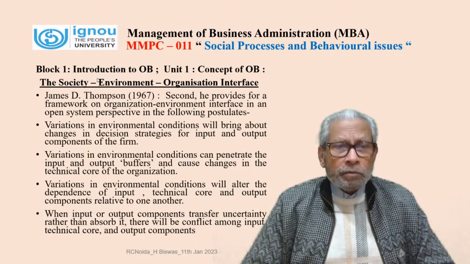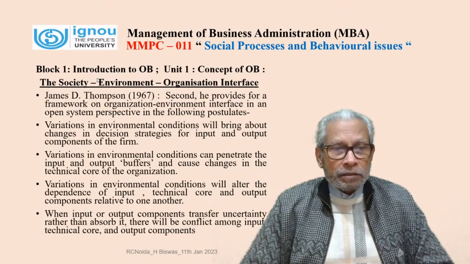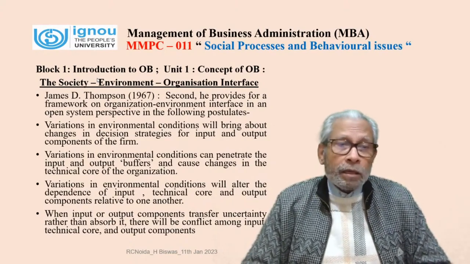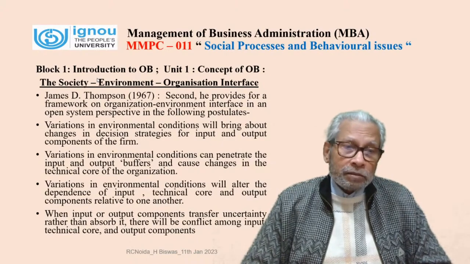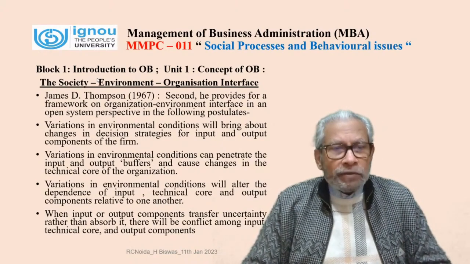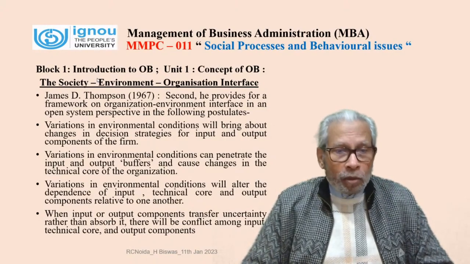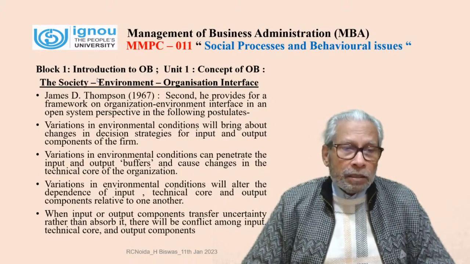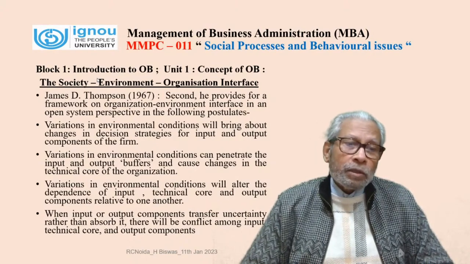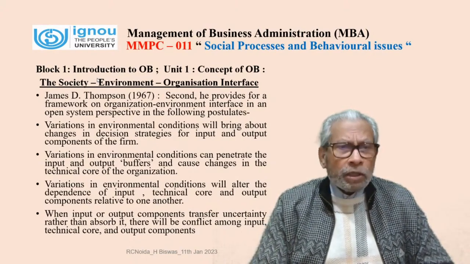Variations of the environmental conditions will bring about changes and mitigation strategies. Variations of the environmental conditions can also penetrate the input and output buffers. So there are so many ways the interfaces are described. Another thing: when input and output components transfer uncertainty rather than absorb it, there will be a conflict among the input, technical core, and output components. So it's all the theoretical part.